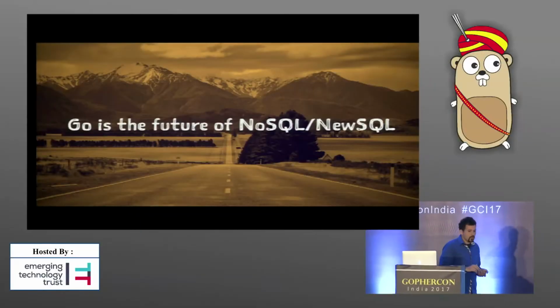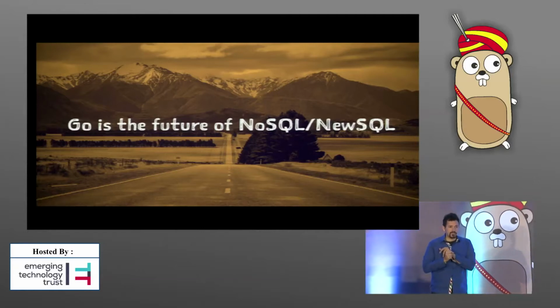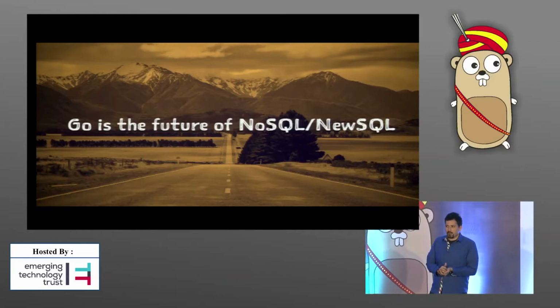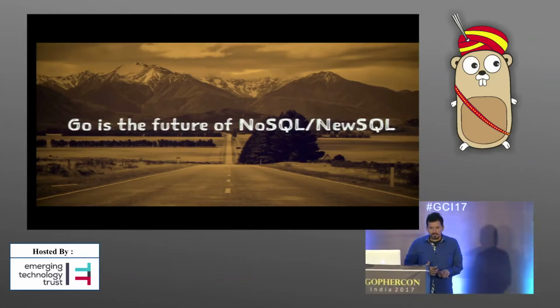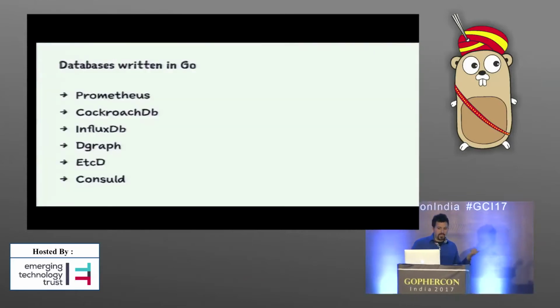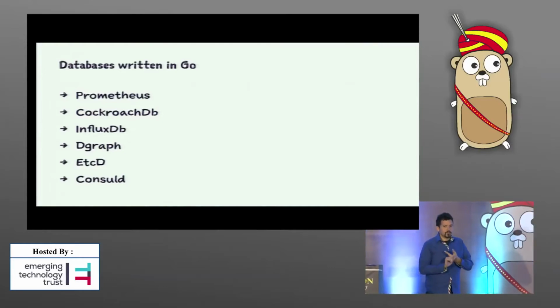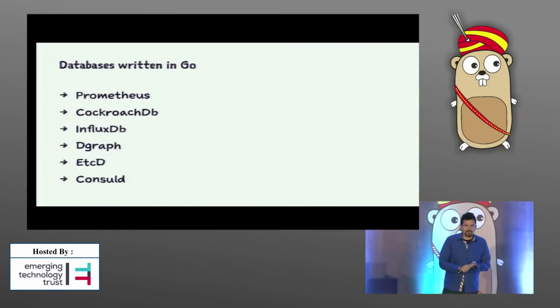So I think what's really cool about Go is I think Go is the future of NoSQL and NewSQL databases. If you see a lot of the new databases that are coming out, they are actually being written in Go. You're not seeing them being written in Java or C++ anymore. Like, we saw a talk yesterday by dgraph. So there's a graph database in Go. There's multiple time series databases in Go, Prometheus and InfluxDB.